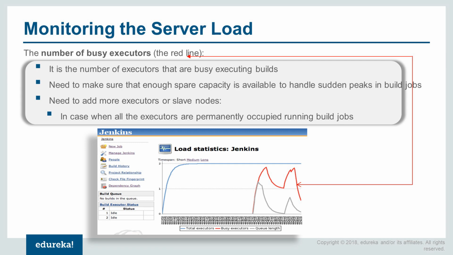You can't use your Jenkins server 100% of the time at any given point in time. And in case needed, you need to add more executors on slave nodes, especially when all the executors are permanently occupied running build jobs. So one option would be to either add more executors or add more slave nodes. Either one of them should help you in managing your Jenkins capacity.